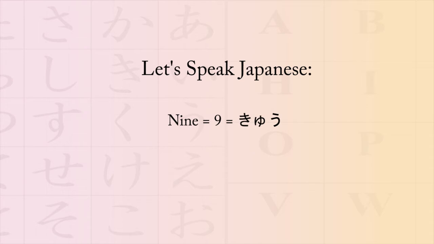And next we have the number 9, which in Japanese is Q. So it's spelled with 3 letters. They are Ki, Yu, and U. And if you notice, the U is slightly smaller.